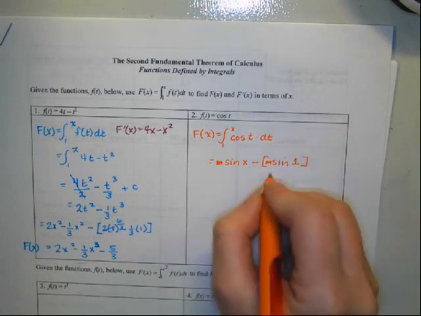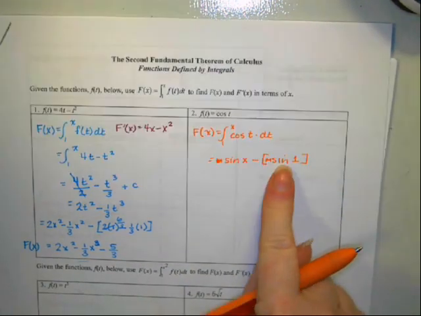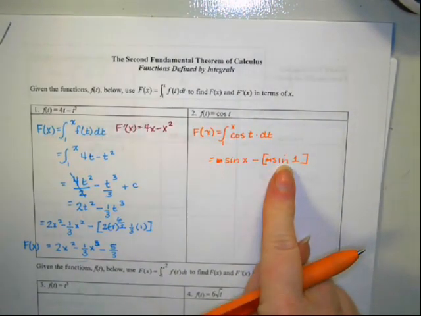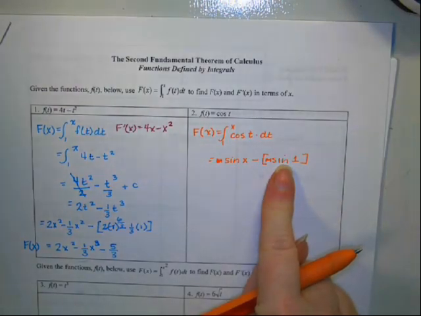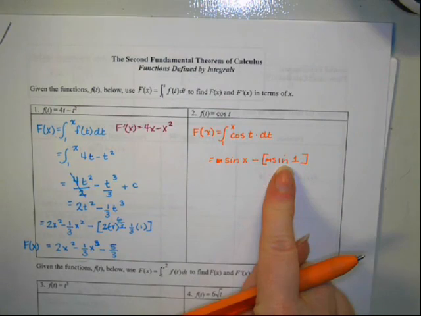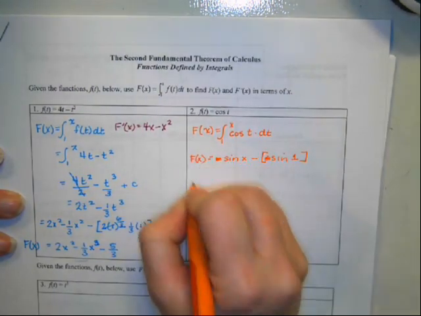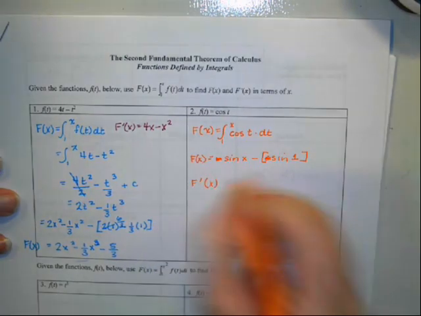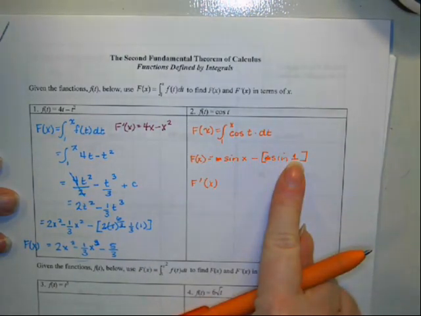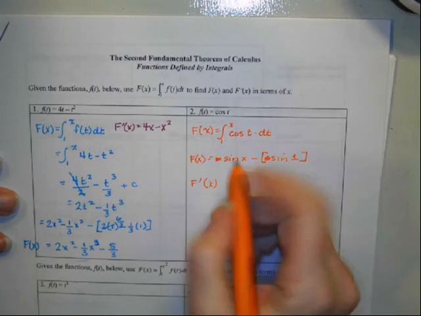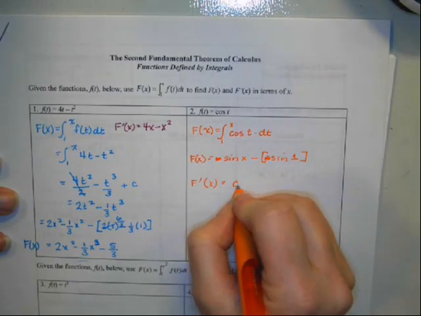Okay, so because we're not going to use our calculator right now, sine 1 is actually a constant. It's a decimal. If you put sine 1 in the calculator, it's going to give you back a decimal. So we're not going to worry about putting it in our calculator right this minute. But this is f of x, f prime of x, because this is a constant, we just have to take the derivative of sine x, which is cosine x.